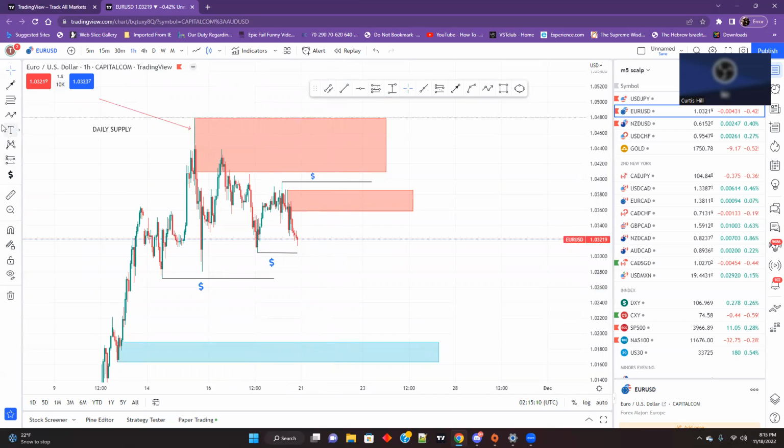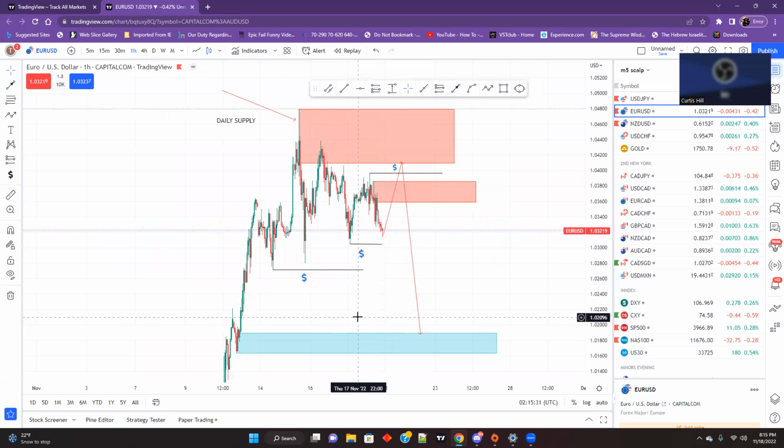That's what we're looking for. But this is EU, so what I'm looking for is not the actual break of structure, but maybe a push back up here to take out these sellers before coming all the way down there. That's the move I'm looking for.